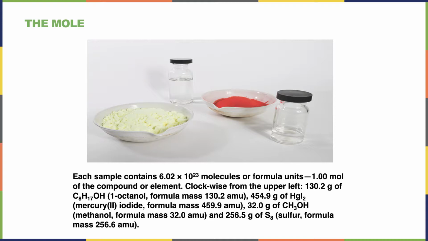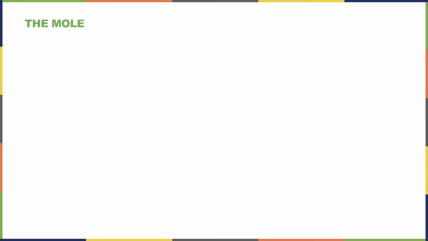Its molar mass is 32.0 grams, and that vial contains exactly 6.02 times 10 to the 23rd molecules. And then in the front here is elemental sulfur, S8, which has a molar mass of 256.5, and that tray there has exactly 6.02 times 10 to the 23rd molecules.